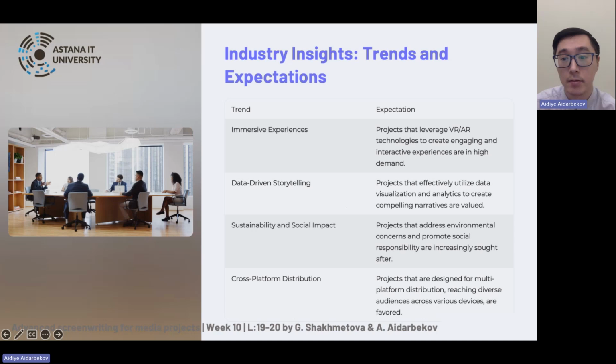So projects that address environmental concerns and promote social responsibility are increasingly sought after. So yes, we discussed it a lot in our sustainable development and media technologies, and you know that it's a big trend. More and more companies want to make the world better, but they don't know how. And here, we as media technology specialists can help them.